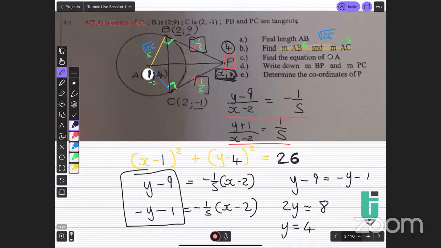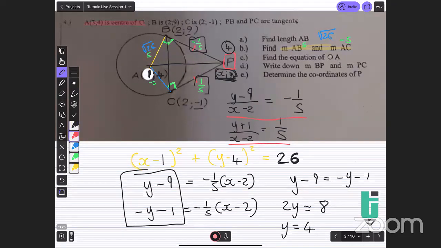You can just sub it in, right? So if y is 4, then that's minus 5 times minus 5, 25. That's quite a big x number.